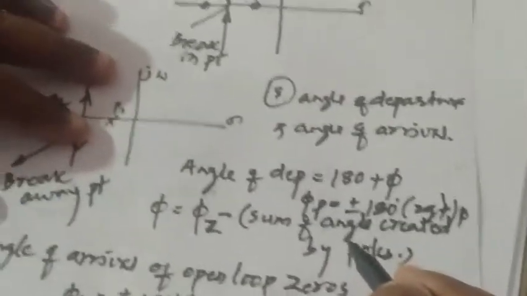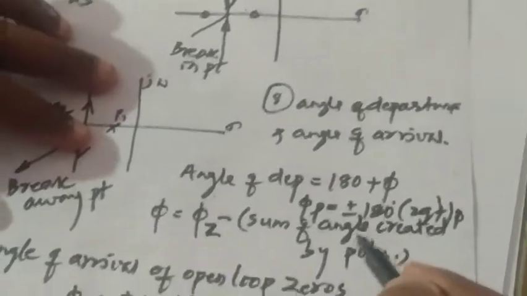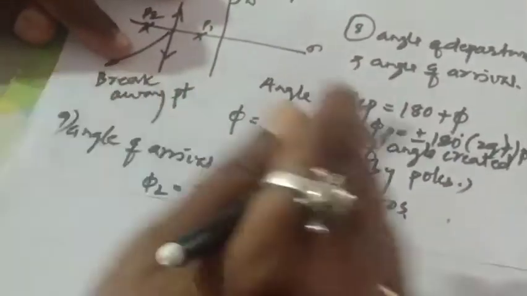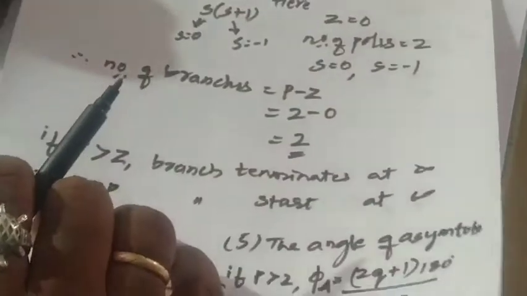Now the last one, number 9: the intersection of root locus branches with the imaginary axis.